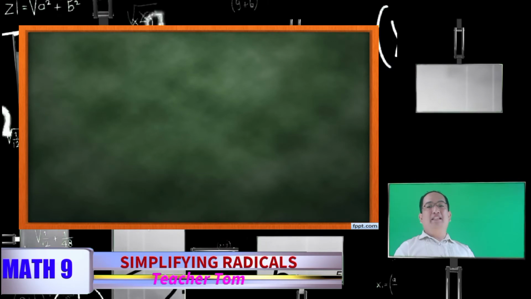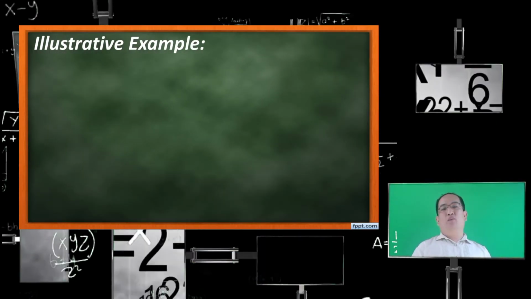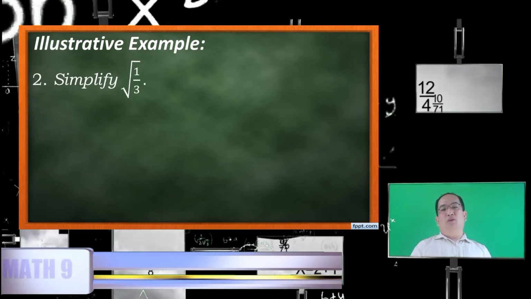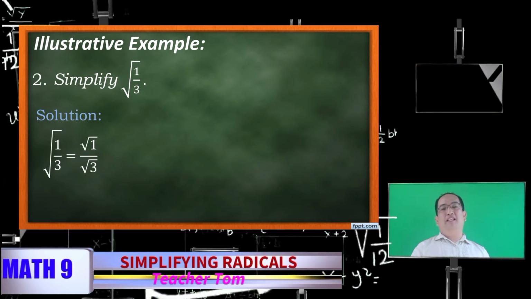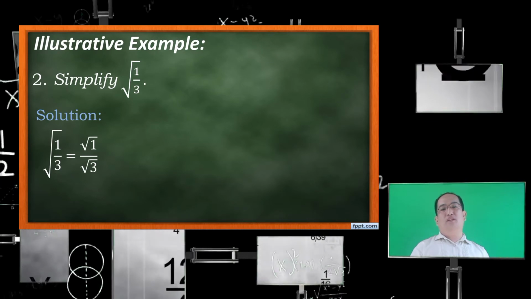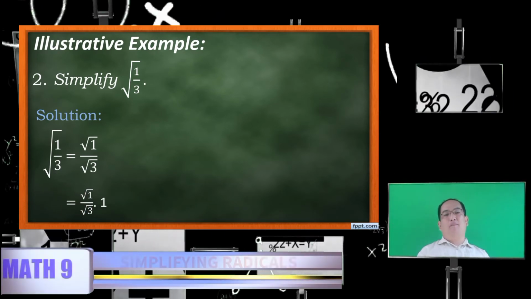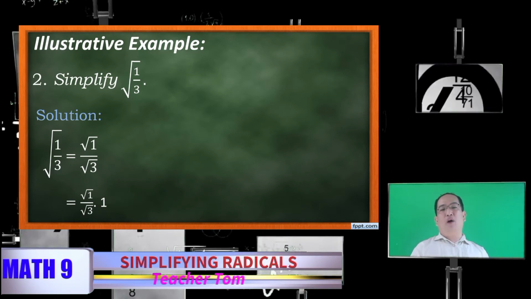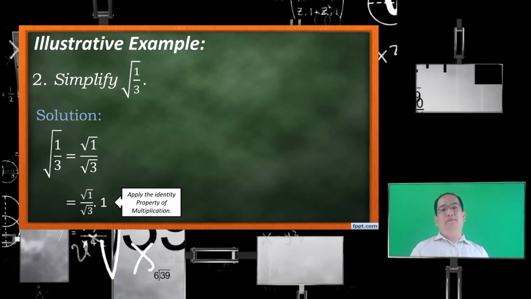Okay, moving on, example 2. Simplify the square root of 1 over 3. So, based on the solution, square root of 1 over 3 can be expressed as the quotient of square root of 1 all over square root of 3. Then, applying the identity property of multiplication, we have square root of 1 all over square root of 3 multiplied by 1.